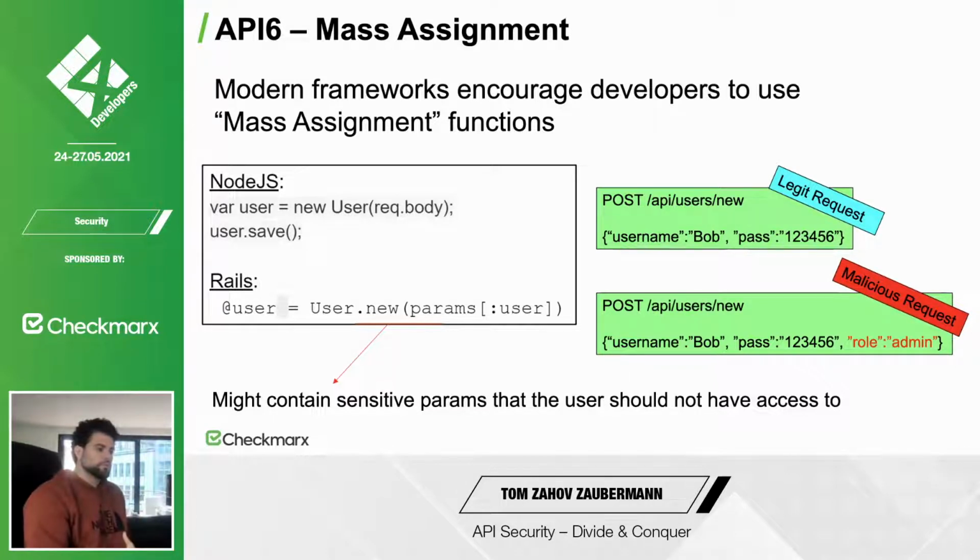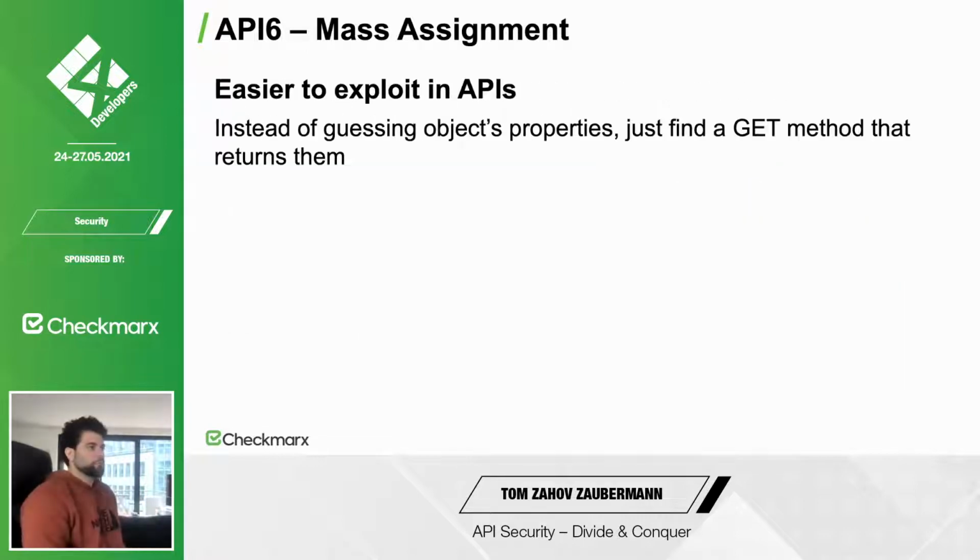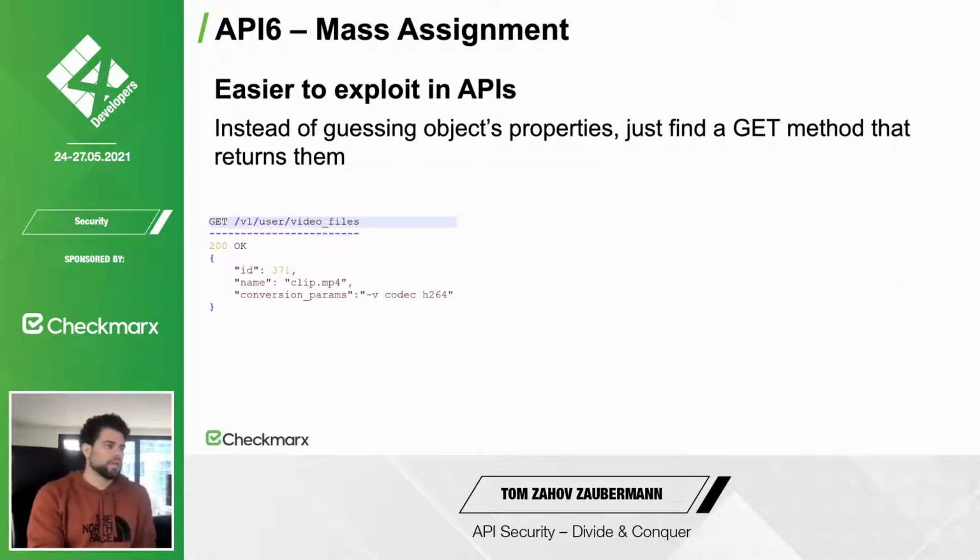You can see that there are some sensitive parameters, and just make sure that it's not so obvious, and that no normal user can become an admin, right? To do privilege escalation for himself just by sending another JSON, in which his role is becoming administrator. It's easier to exploit an API with mass assignments, and you will see now what.